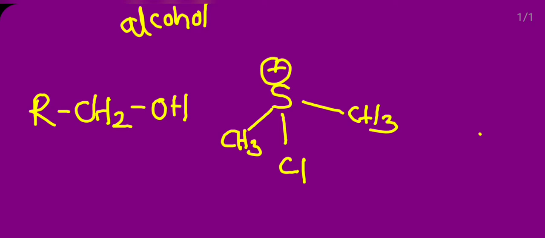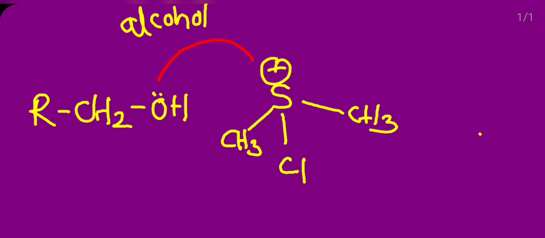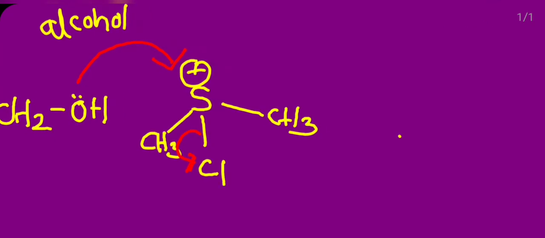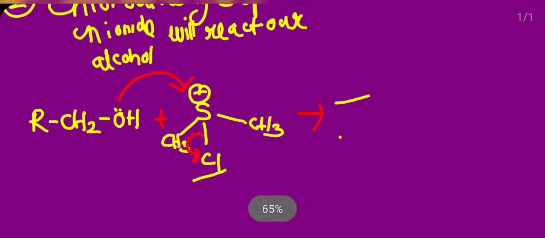Oxygen carries a lone pair of electrons. What will be the first step? This lone pair of electrons will shift over here. After the shifting, this Cl will be free. Now how will the structure look like? You can see here how this structure looks like.